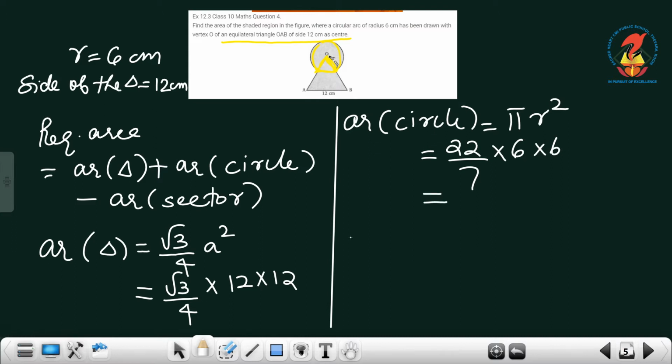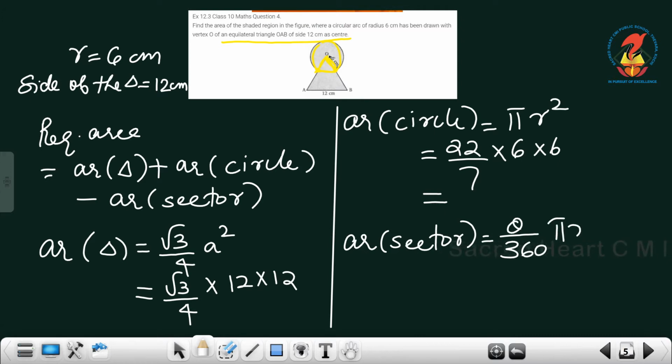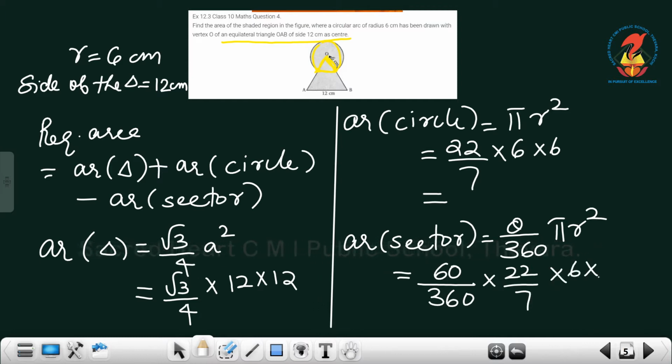Then area of the sector is equal to theta by 360 into pi r square. What is theta? 60 degree, because it is an equilateral triangle. 60 divided by 360 into 22 by 7 into 6 into 6.